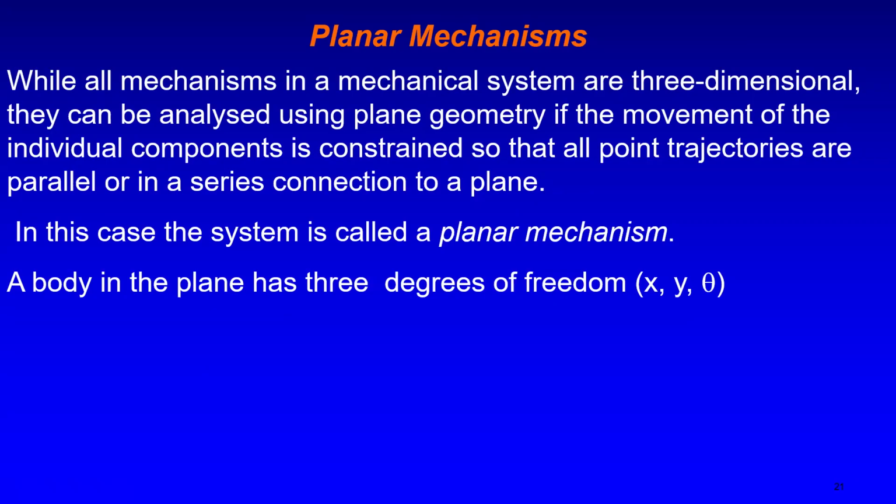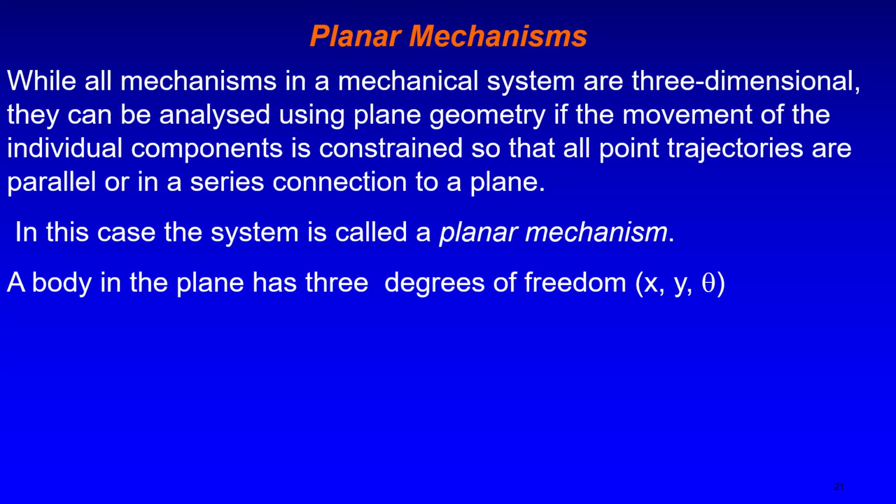If the movement of the individual component is constrained so that all point trajectories are parallel, right? They're parallel or are in series connection to a plane, right? So now, in this case, the system is called a planar mechanism.